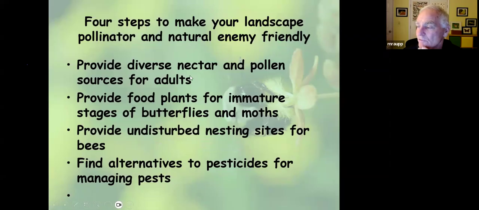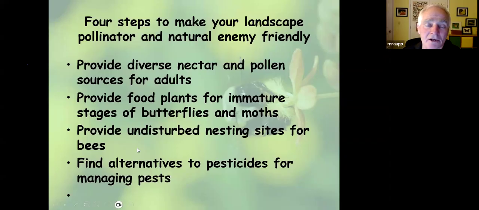So let's go there a little bit. Again, provide diverse nectar and pollen sources, food plants for the immature stages of butterflies and moths. Milkweed, again, milkweed for your monarchs. You're going to want to have a spice bush for the spice bush caterpillar. Of course, we already have pawpaws along the Potomac and the Patuxent that are the host for the pretty zebra swallowtail.